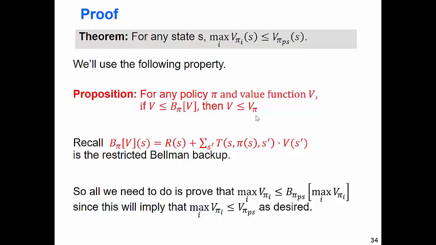So now we have the operator for pi applied twice to v, and then the Bellman operator i applied to v is less than or equal to the operator i plus 1 applied to v.